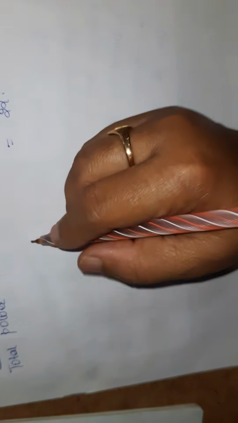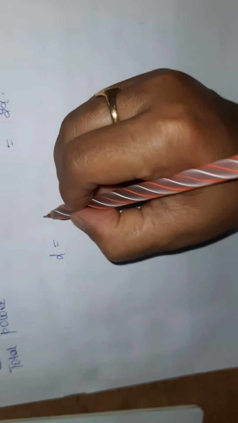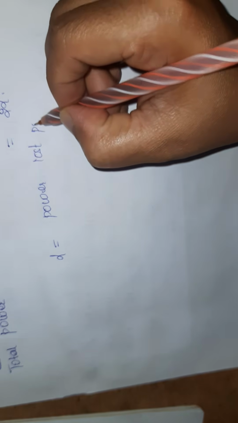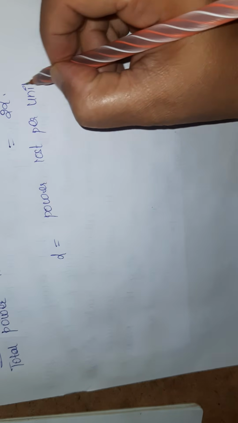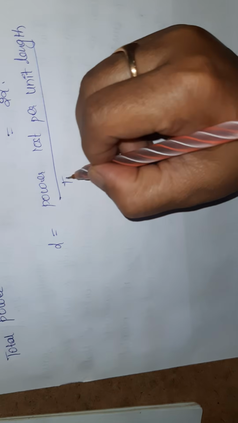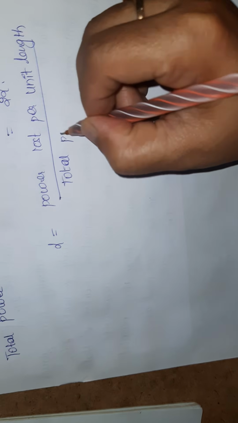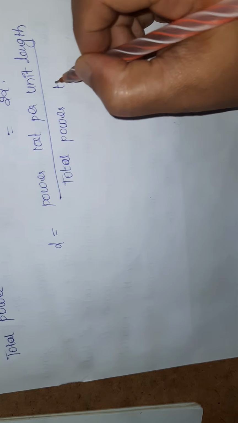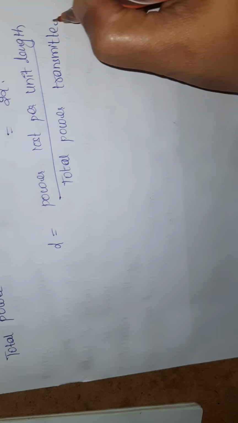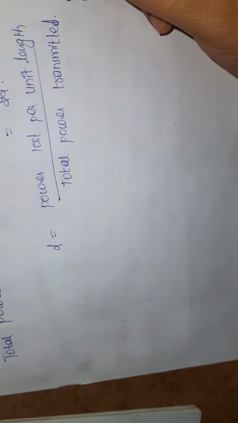Here alpha is equal to the power lost per unit length divided by the total power transmitted.